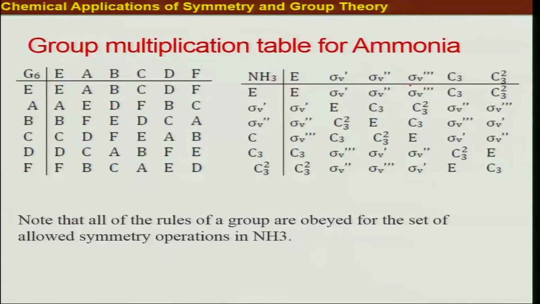Here all the multiplications are provided. What you should do is find out what the similarity is between these two. Once you have a close look at both the tables, one for G6, which is an abstract group, and this symmetry point group C3v, that is ammonia here, you will see that all the rules of a group are obeyed by this group multiplication table for ammonia.